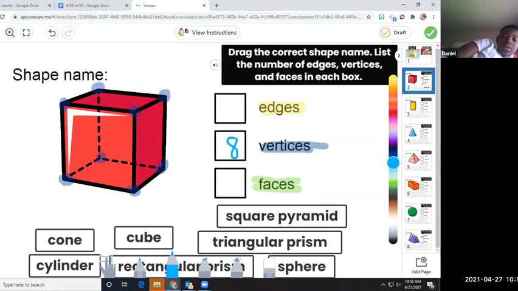Okay. So guys, here's the deal. If your Seesaw is acting weird, you can do 2 things. The first thing you can do is go move to another part in your house that has better Wi-Fi and see if that fixes the problem. Okay. If that does not fix the problem, I want you to take your lunch early and try again after lunch because I don't want your work to erase itself when you upload it.